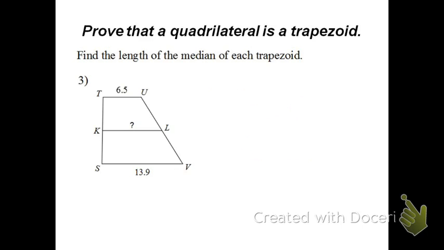Alright, for number 3, still finding the length of the median, and we have a whole number on top. Well, actually, I'm sorry, it's a decimal on top, decimal on the bottom, but both of the values are known.